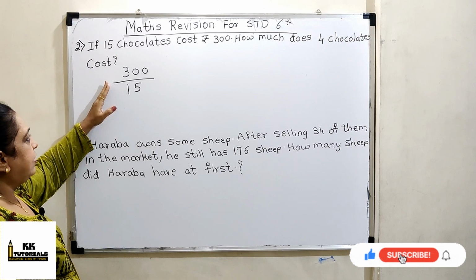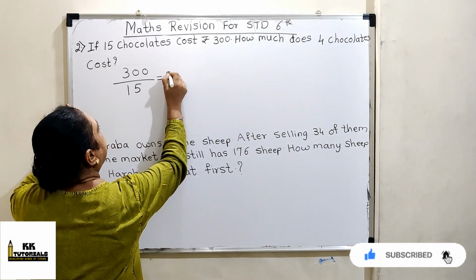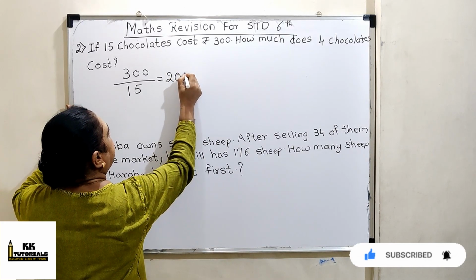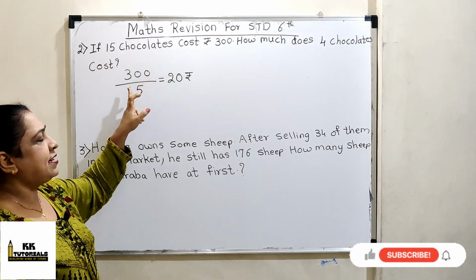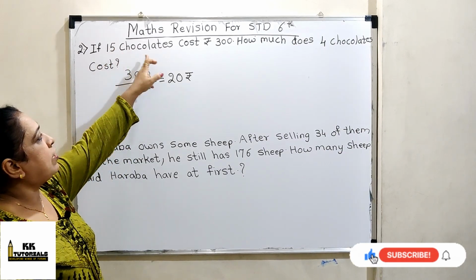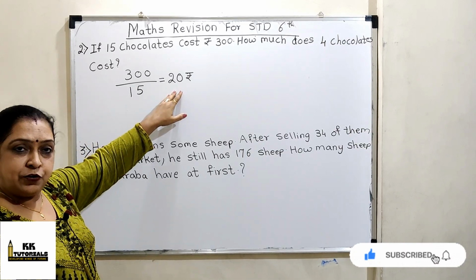When we divide 300 by 15, we'll get the answer 20 rupees. 15 chocolates cost rupees 300, so 300 divided by 15 is 20 rupees.